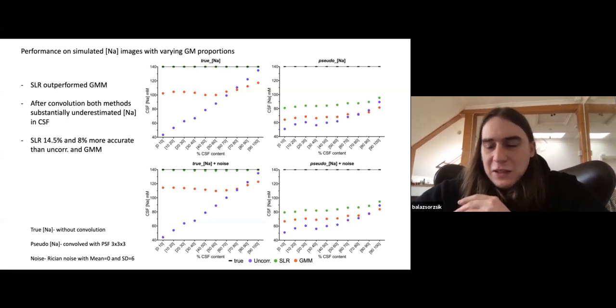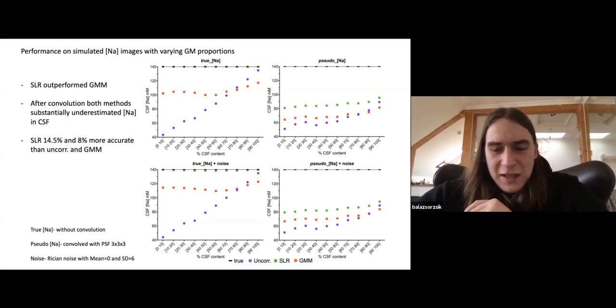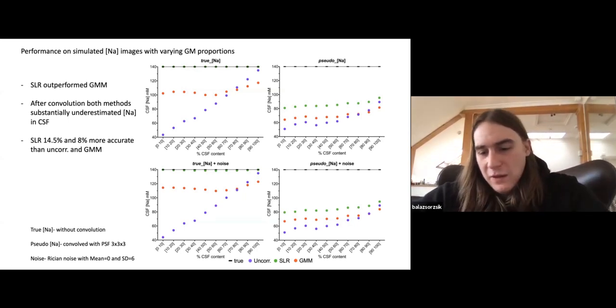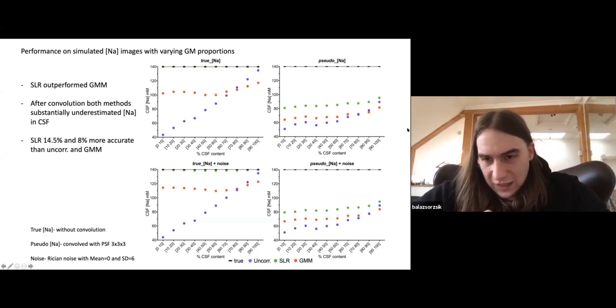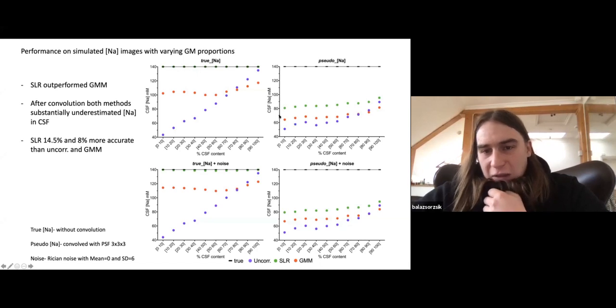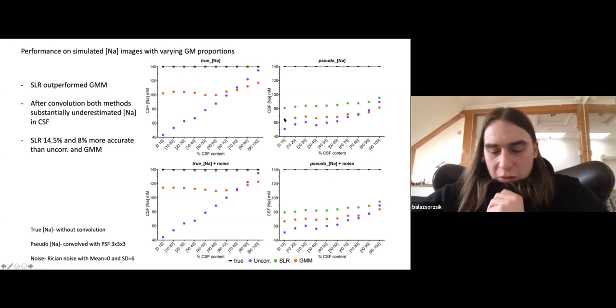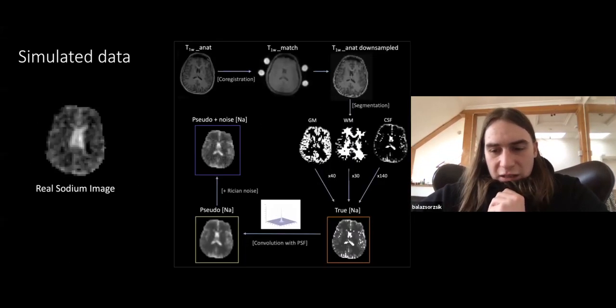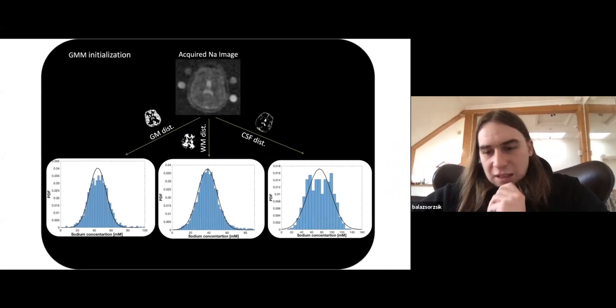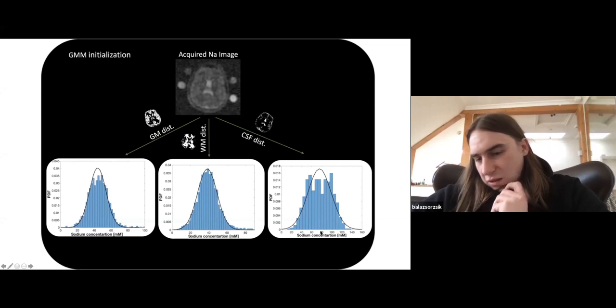This is a proof of concept study, and there is definitely a lot of room for improvement. And I think that's why we see the CSF effect, like the CSF is highly underestimated. One reason might be, I go back to the initialization phase, that it seems like the CSF, even at 99%, has two compartments.